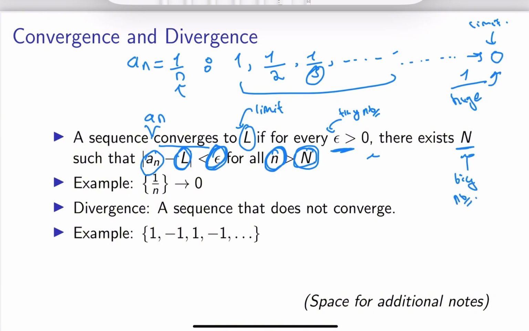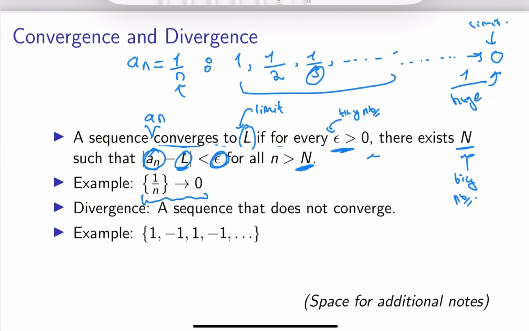By this definition, we say that the sequence converges to L or has a limit L if, eventually, when we choose a big index, a_n is going to be epsilon close to L, at a distance less than epsilon from L, right? We're going to use this definition to prove that, for example, this sequence converges to 0.